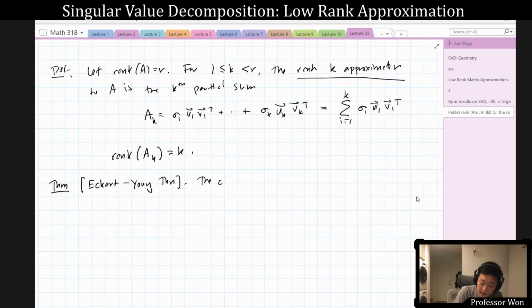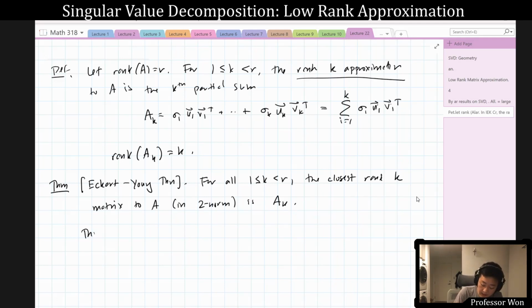For all k between 1 and r, the closest rank k matrix to A in 2 norm is A_K.